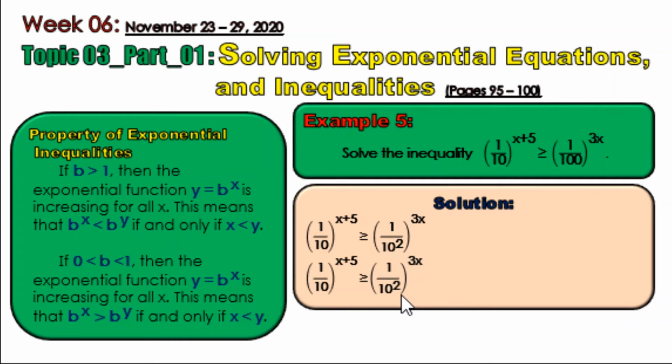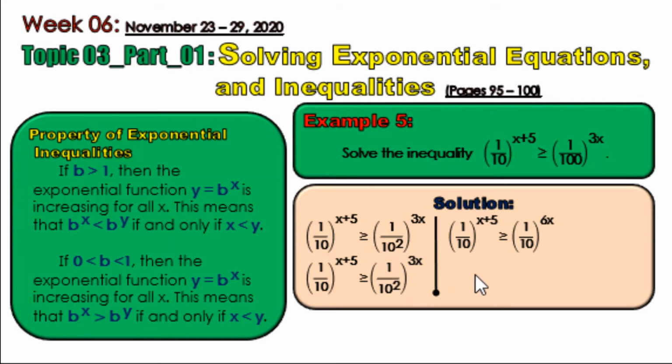we have 2 as the exponent of 10. So applying the law of exponent, it becomes 6x, as we will be multiplying 2 and 3x.